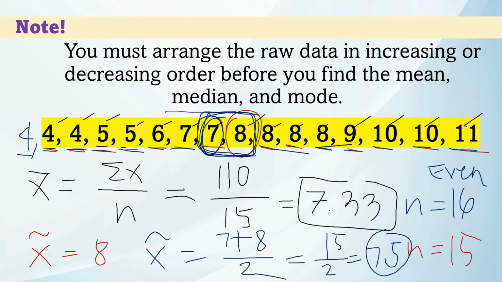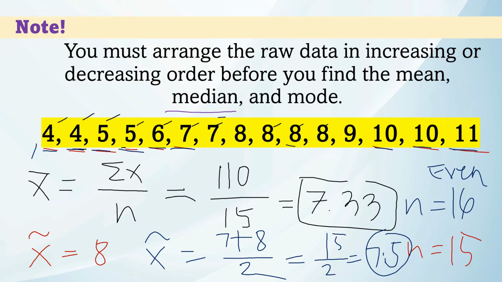So it means that the median is 7.5, if there is another 4 in this data. However, in our problem, the given is just that data. So there is no third 4, so we will remove this.